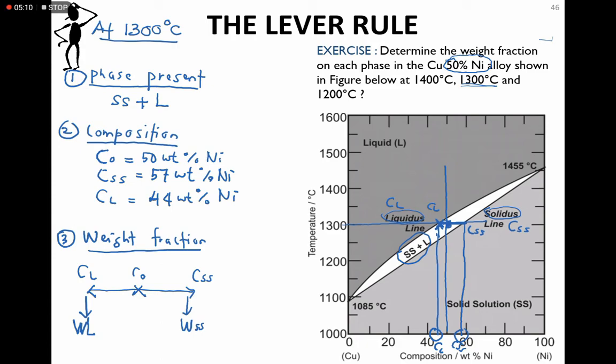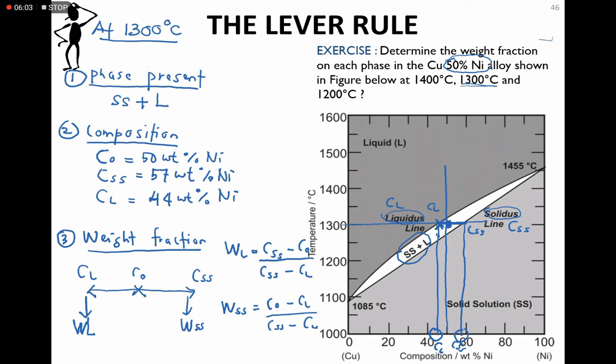Now the formula for the WL: WL equals, you close CL, you get CSS minus C0 over CSS minus CL. Now the formula for the WSS: you close CSS, you get C0 minus CL over CSS minus CL.